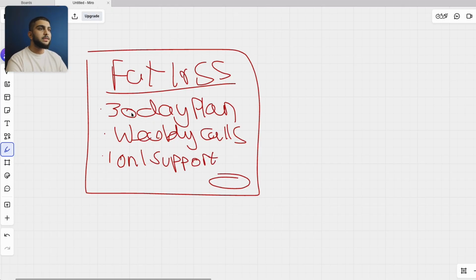For example, they want the 30-day plan, they want the weekly calls, they want the one-on-one support. And when you include all of this, they're already thinking, yeah, I want to get this. This is amazing. I will pay for this. Then you introduce the price. And what that then does is it creates urgency because they're like, yeah, I need this. You have sold them to the point where they want to buy, that they will pay straight away.